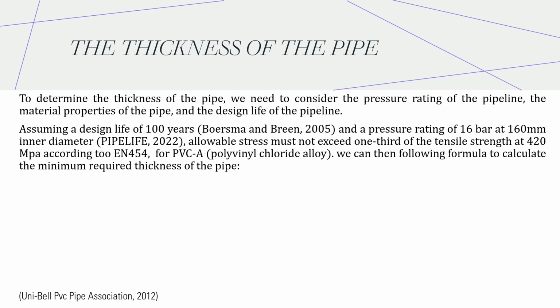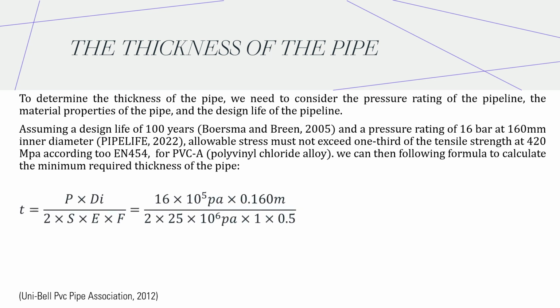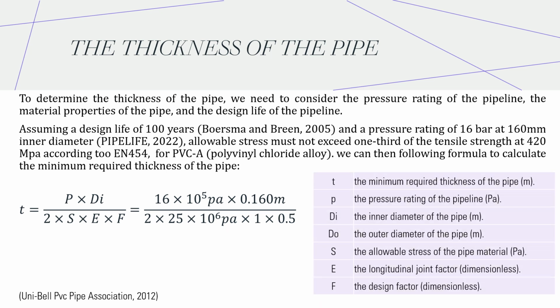We can then use the following formula to calculate the minimum required thickness of the pipe. Now, where T is equal to the pressure multiplied by the inner diameter divided by 2 multiplied by S, E, F. Now, S, E, F are the allowable stress of the pipe material, the longitudinal joint factor, and F is the design factor. Now, the allowable stress of the pipeline is taken as 25 megapascals.